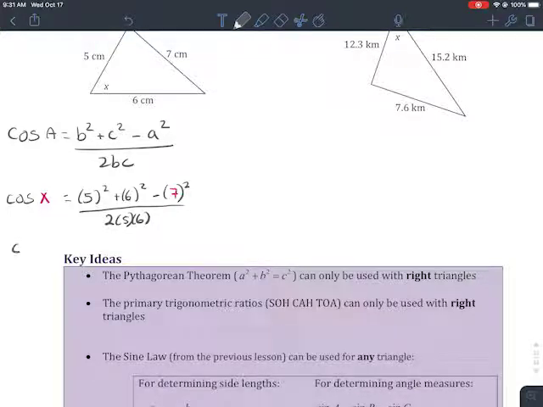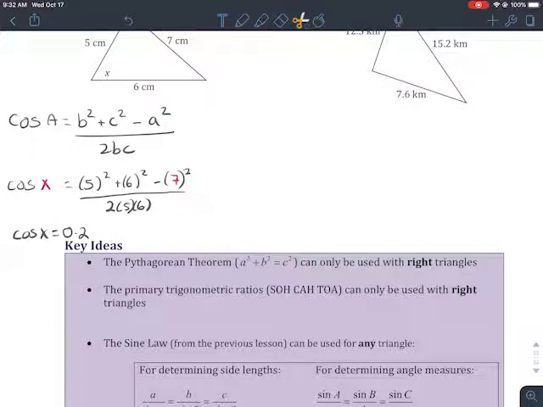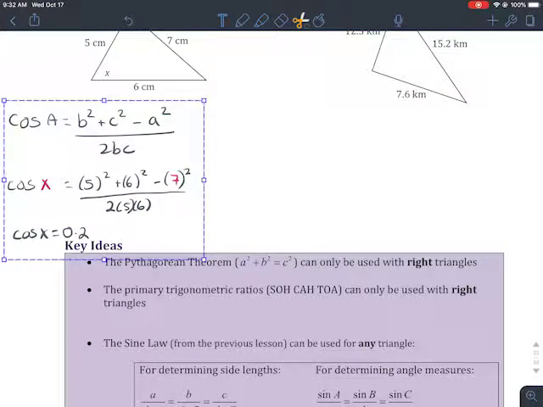And on the bottom, 2 times 5 times 6. Okay, if you put all of that into your calculator, you're going to get a decimal, but then we have to figure out how to solve for it using cosine. So 25 plus 36 minus 49 divided by 2 times 5 times 6. So the cosine of x is 0.2.